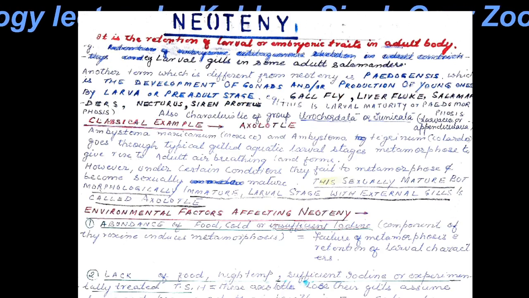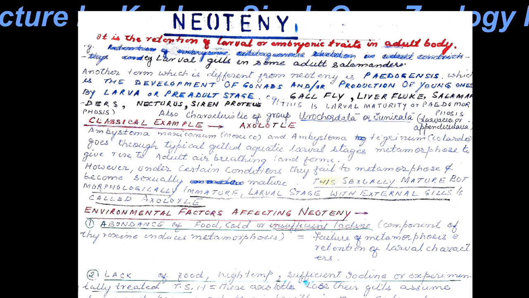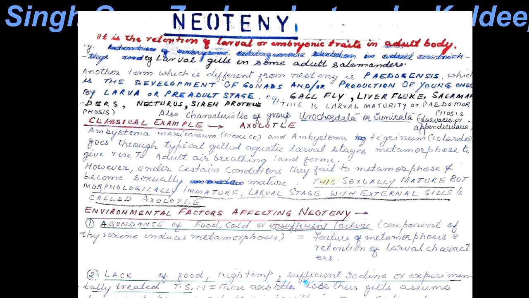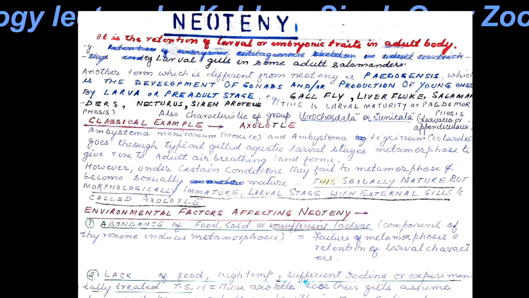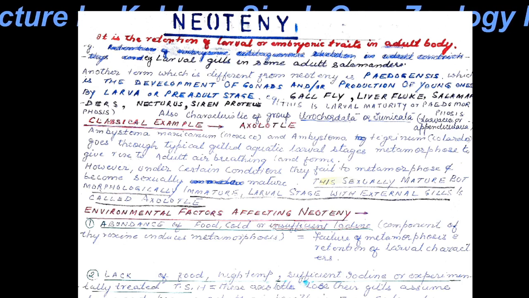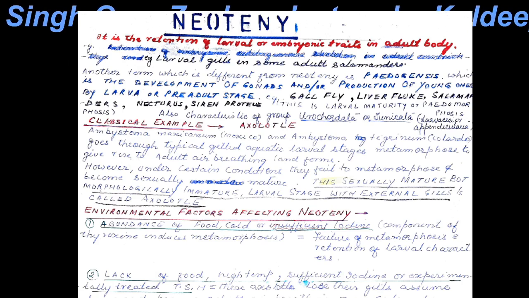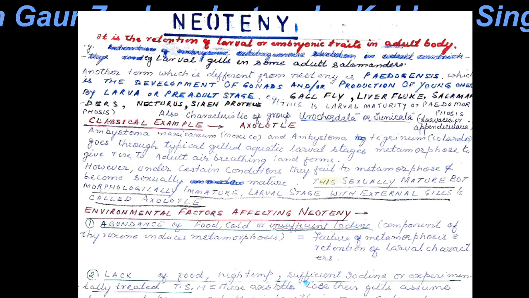Neoteny is the retention of some of the larval traits in the adult body after metamorphosing, whereas in paedogenesis, the larva is so satiated with the conditions that it refuses to metamorphose and starts reproducing and produces young ones. So this is the difference between paedogenesis and neoteny, and the classical example is axolotl larva.